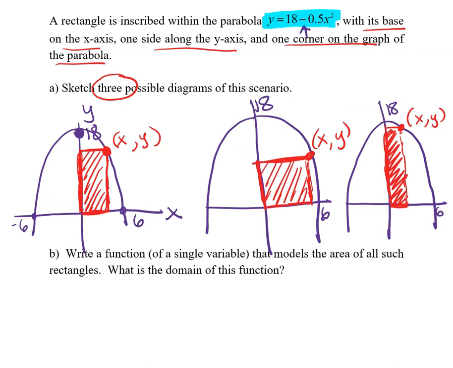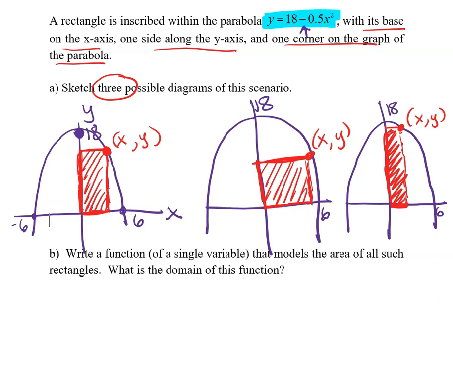Here are three possible diagrams of this scenario. Again, as described before, with a corner of the rectangle being on the graph of the parabola, one side of the rectangle being along the y-axis, and one side being along the x-axis, so the base being along the x-axis.